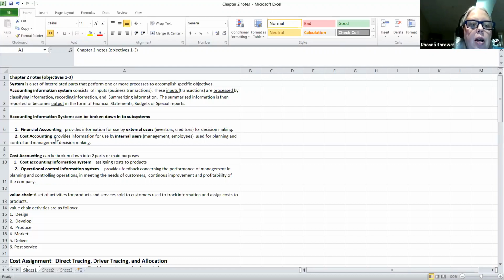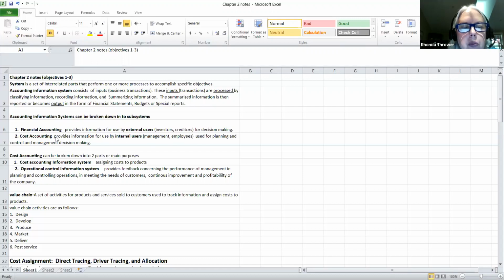Cost accounting can serve both external users and internal users, but mainly it's for internal use. So in other words, cost accounting produces reports that we make for management. They're reports that would be important for employees who are internal users to help them to make decisions about the company.